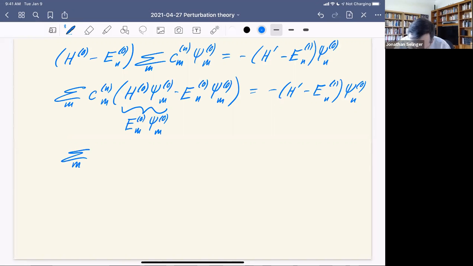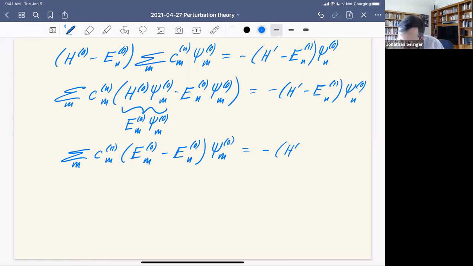This turns into a sum of this coefficient times E0m minus E0n times the wave function psi 0m, equals minus h prime minus E1n times psi 0n.